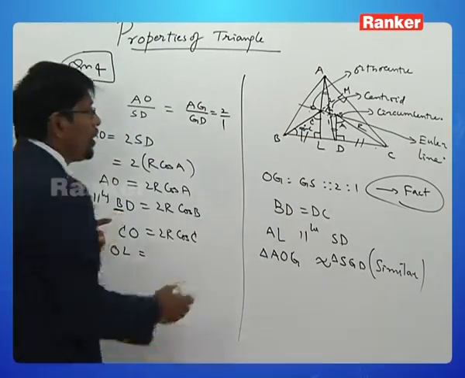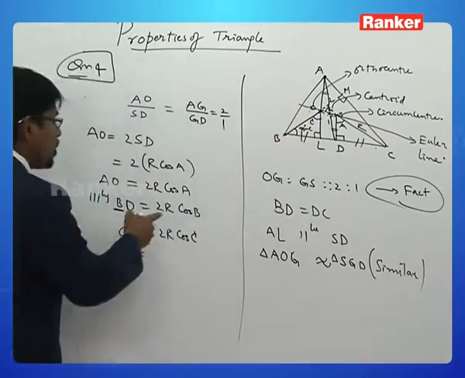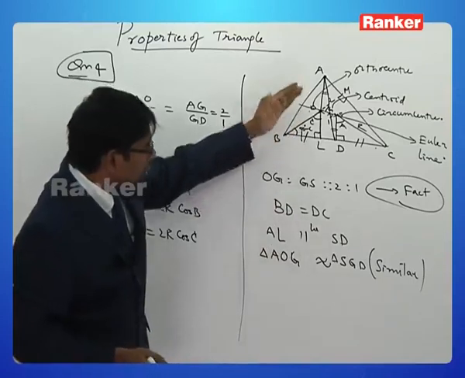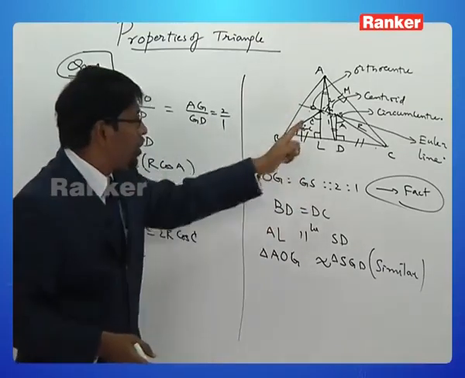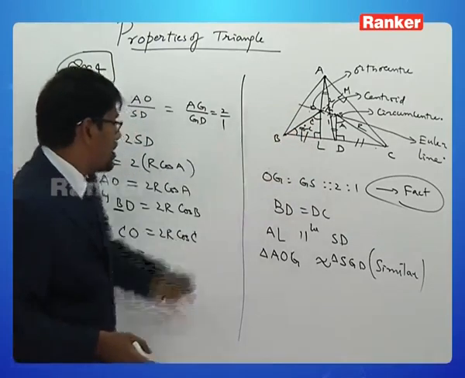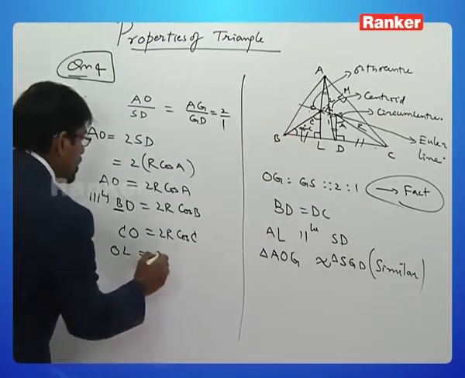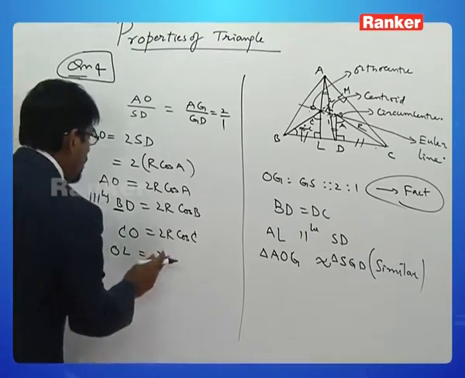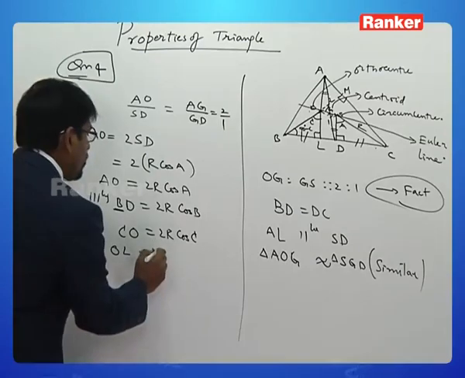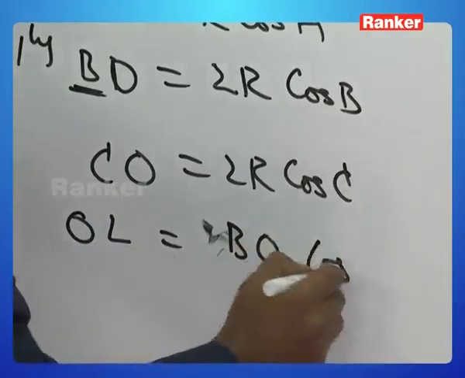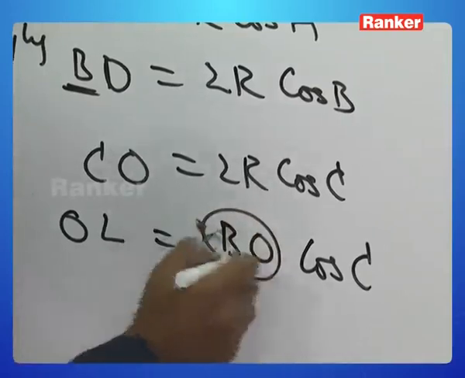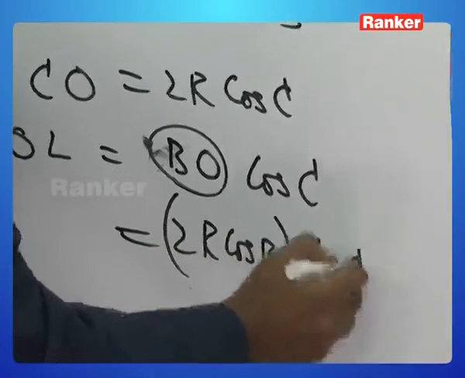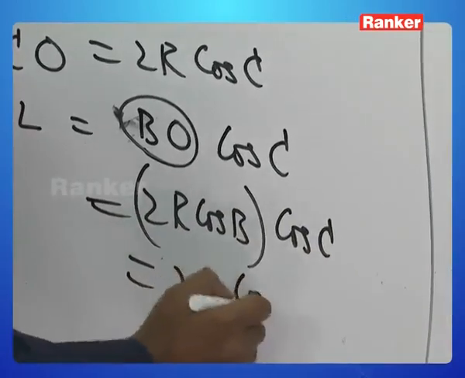Now we know that this BO length is 2R cos B. The projection of that 2R cos B into cos C will be the side OL. So OL will be equal to BO cos C. But what is BO? 2R cos B into cos C. Therefore this will be 2R cos B cos C.